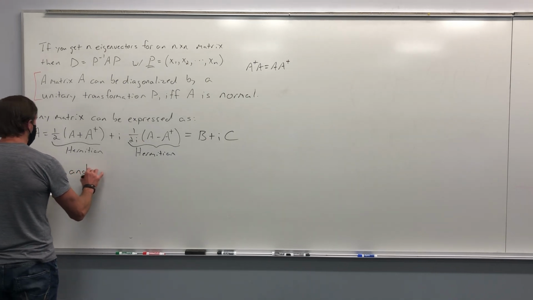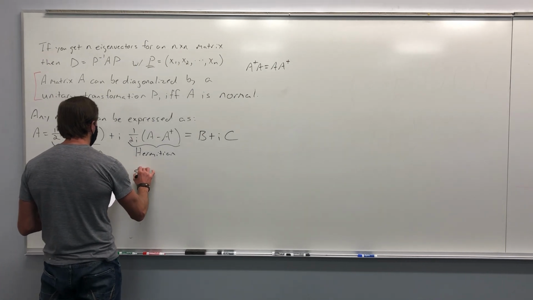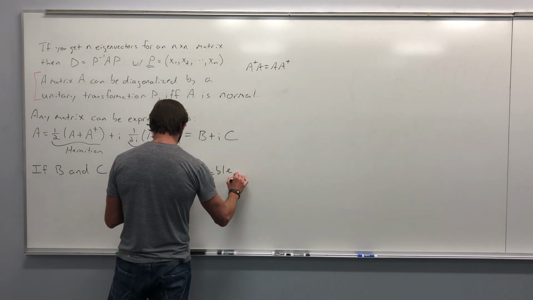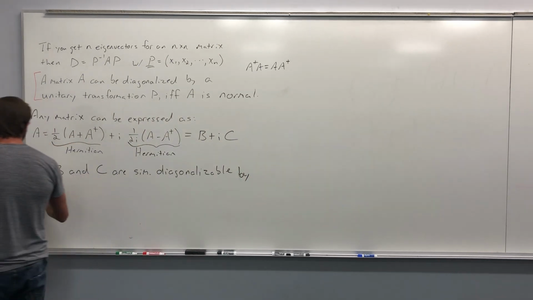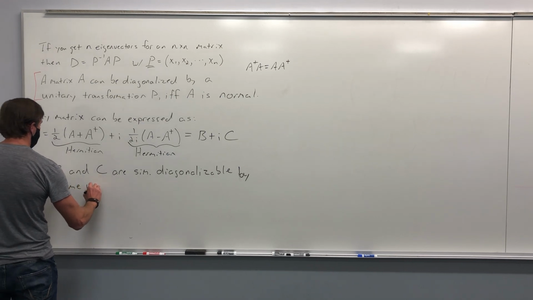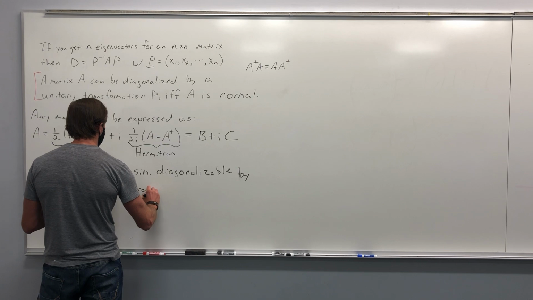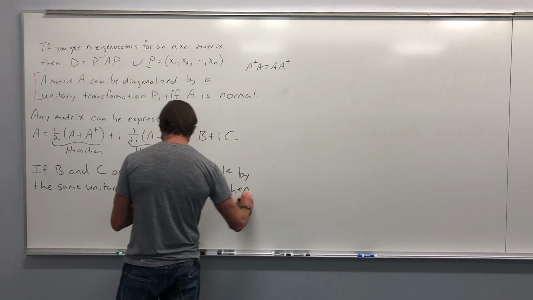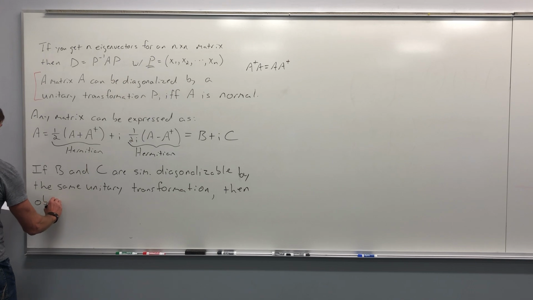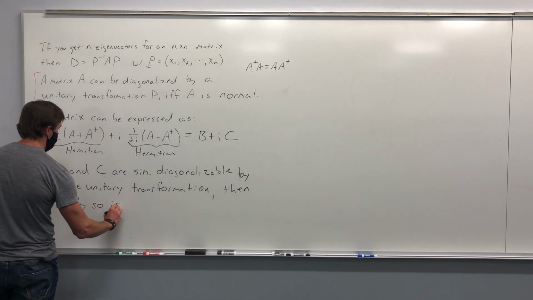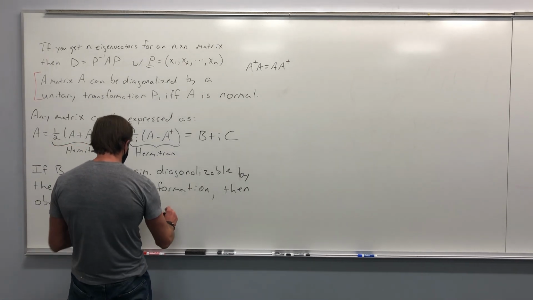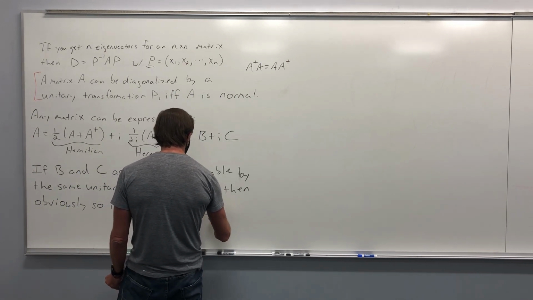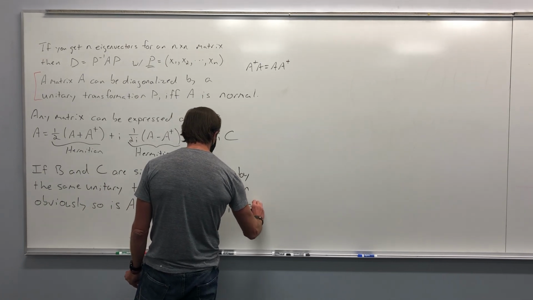If B and C are simultaneously diagonalizable by the same unitary transformation, then obviously so is A. What I mean, of course, is that P inverse AP is just P inverse BP plus I P inverse CP.